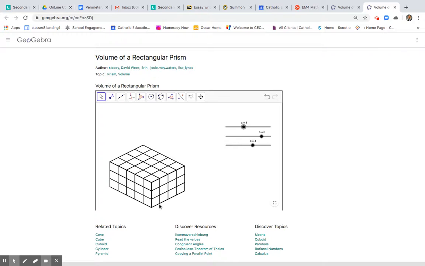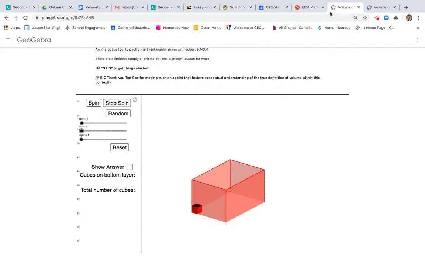And it's very much related to area. The area of a rectangle and the volume of a prism are very, very similar. So if we look at this volume here, this one just shows it a little bit better. What we're going to do is start with this little square here, and see how many little cubes it takes to go this way.